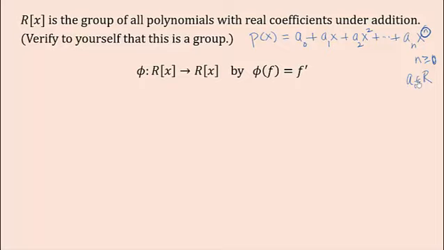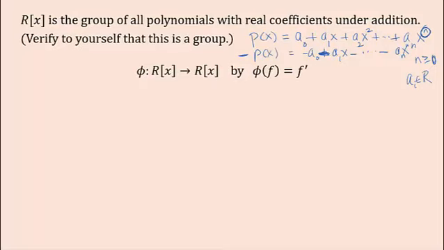So what would the additive inverse of p of x be? Well, it would be minus p of x, which would just be minus a naught plus minus a1x minus dot dot dot minus a sub n x to the n. So it's just multiplying p of x times minus 1. That gives you the additive inverse.